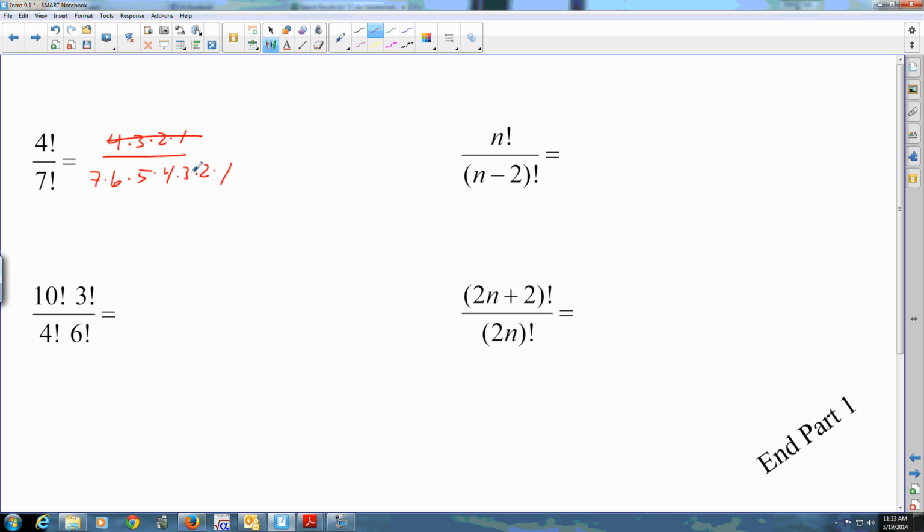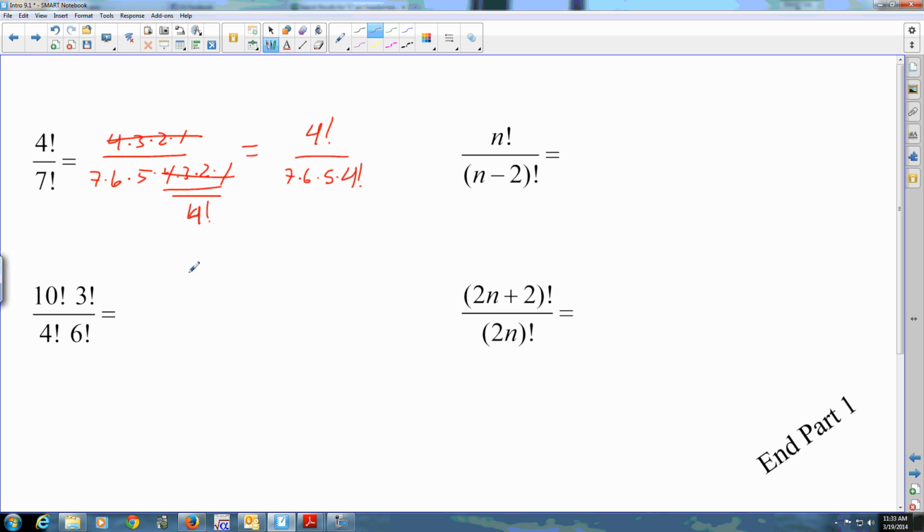Notice all of that is going to cancel with all that. Now you don't have to write all of this out to do it. I'm going to leave this as 4 factorial. 7 factorial is 7 times 6 times 5 times 4 times 3 times 2 times 1. That is 4 factorial. I can stop at any point and write 4, or whatever the factorial is.